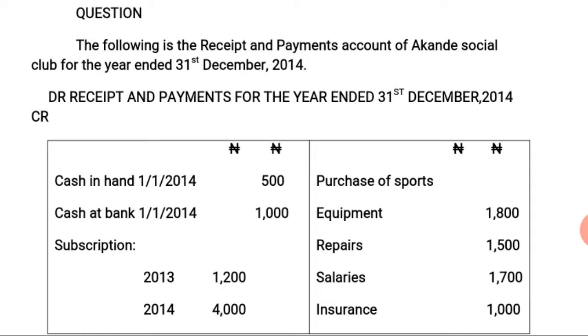Question: the following is the receipt and payment account of SS3 Social Club for the year ended 31st December 2014.